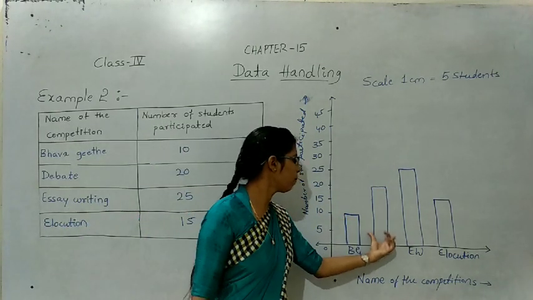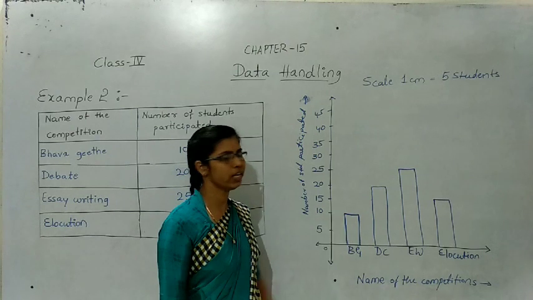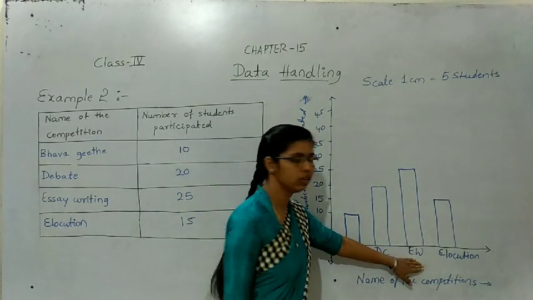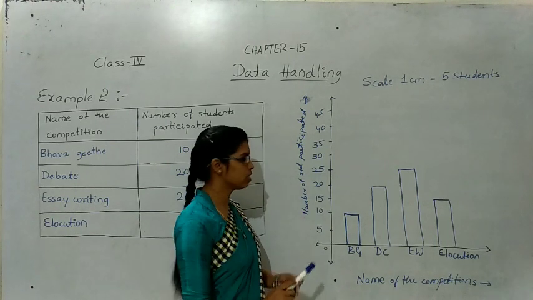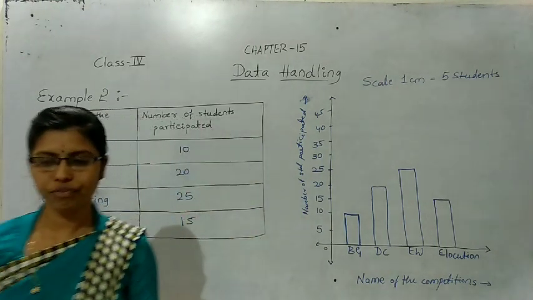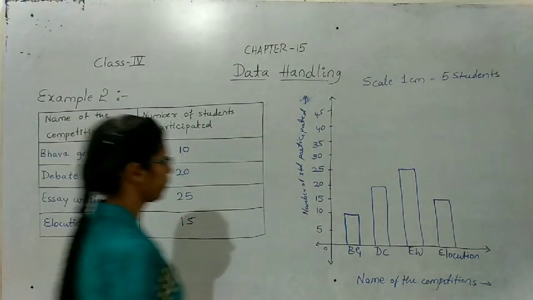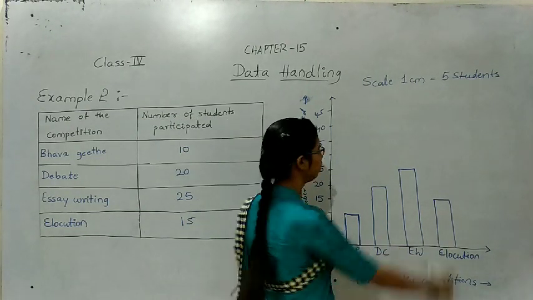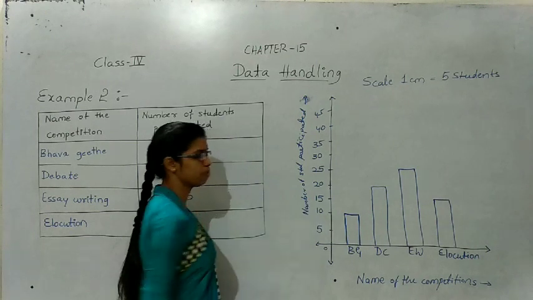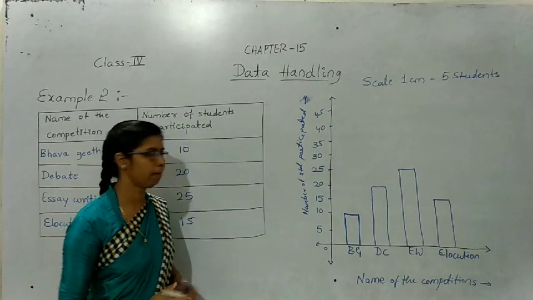So I draw the bar for 20 members. And the third one is the essay writing competition. The number of students participated in that is 25 members. And the last one is elocution, in which 15 members participated.